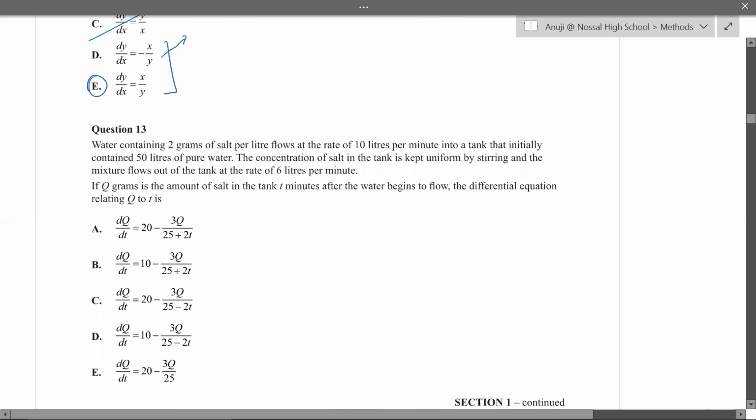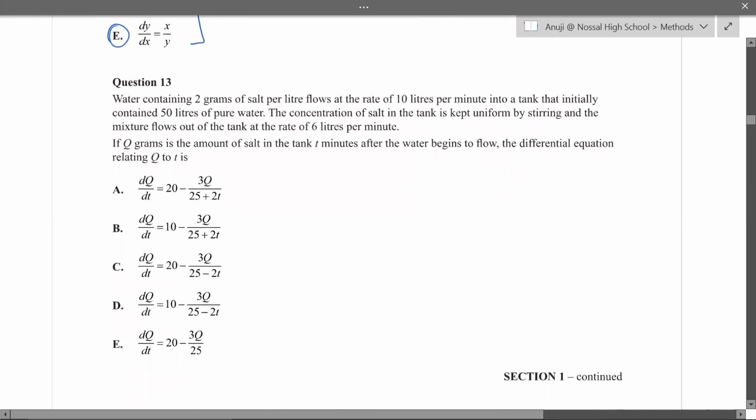That's question 12. Question 13 is a rates question, so it always helps to draw a container or something. It says water containing 2 grams of salt per liter, so in goes dQ/dV is 2 grams per liter, at the rate of 10 liters per minute.